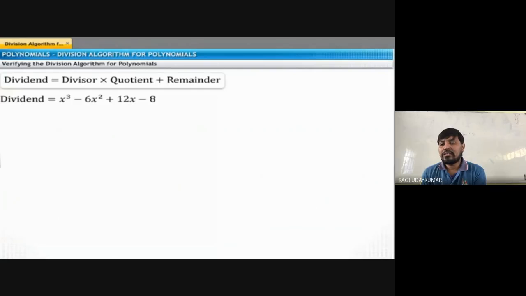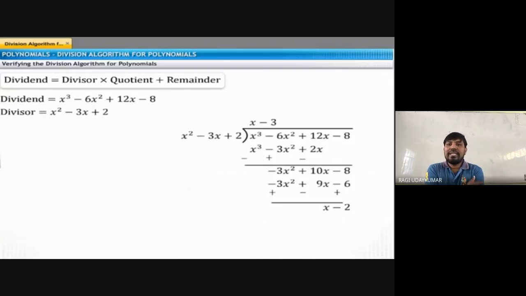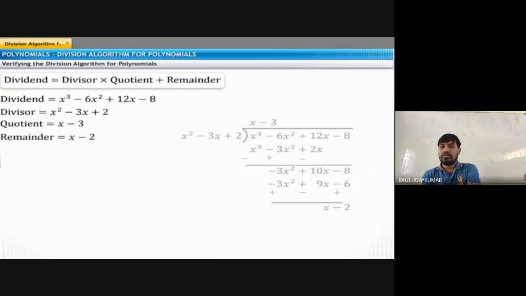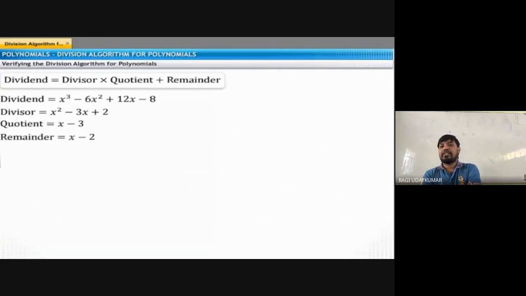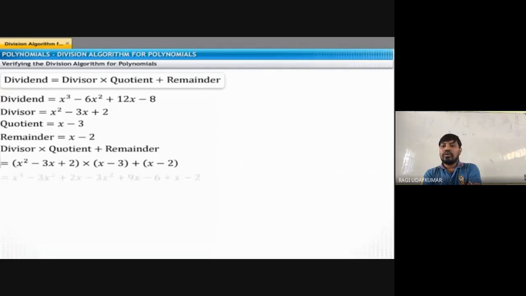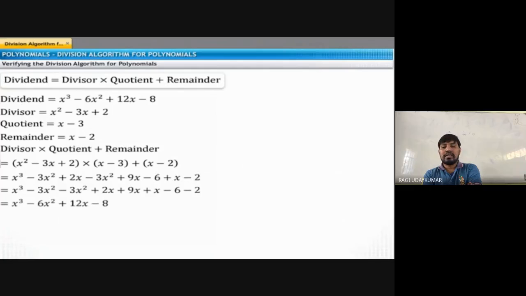So in our example, the dividend is x cube minus x square plus 12x minus 8, the divisor is x square minus 3x plus 2, the remainder is x minus 2, and the quotient is x minus 3. When you multiply the divisor and quotient and add the remainder, you get the dividend.